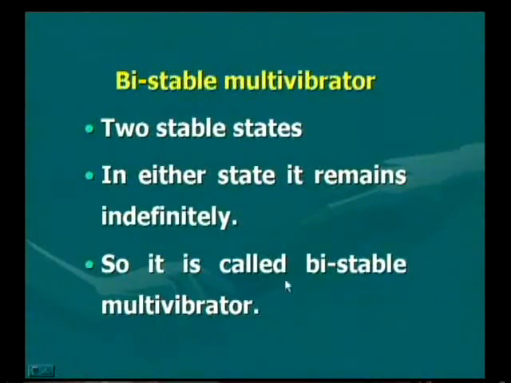To change these stable states, we always have to apply an external trigger pulse, and it has only two states, both of which are stable. That's why the name bistable multivibrator justifies it. Now we can go for the next type of multivibrator, that is the monostable multivibrator.